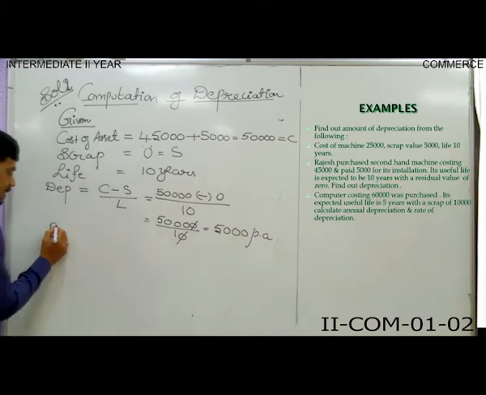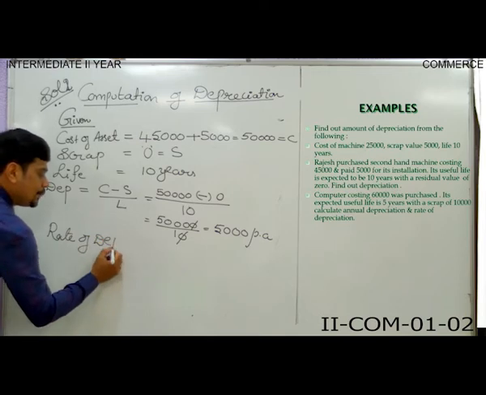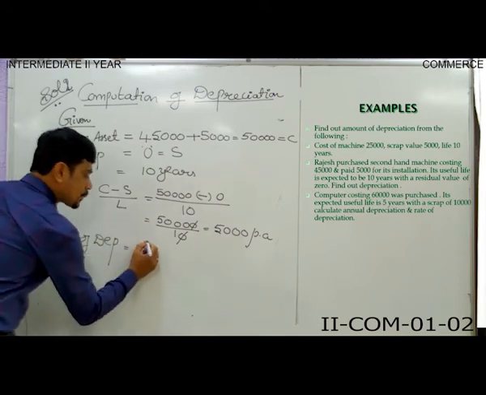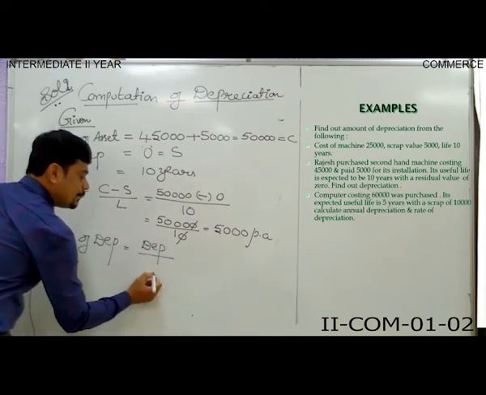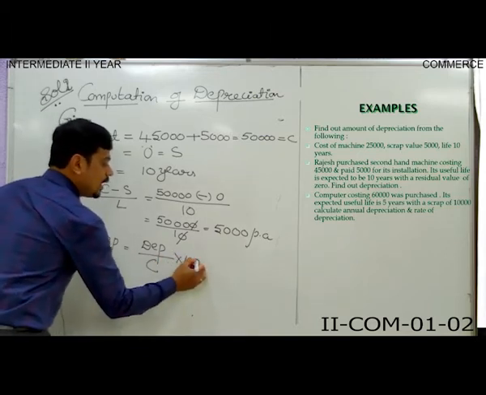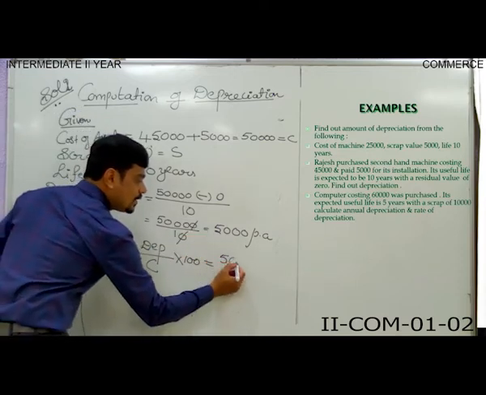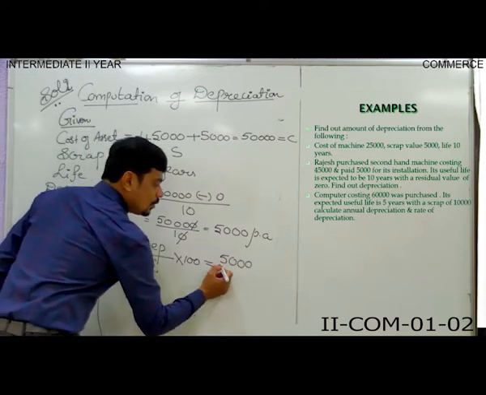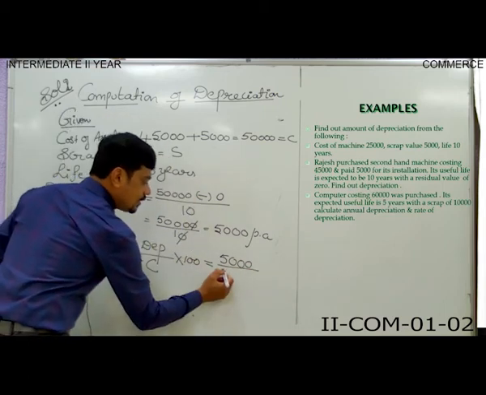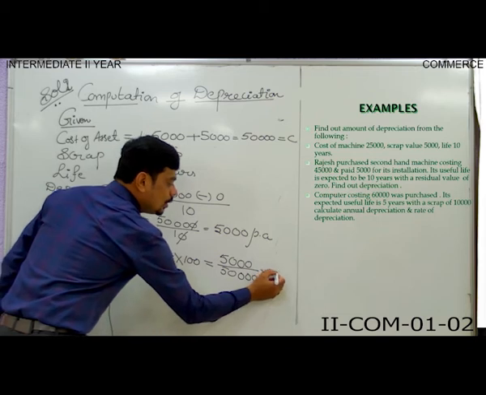Now we'll find the rate of depreciation. What is the formula? Depreciation divided by cost into 100. Let us substitute. What depreciation did we get? 5,000. What is the cost of the asset? 50,000, total cost, into 100.